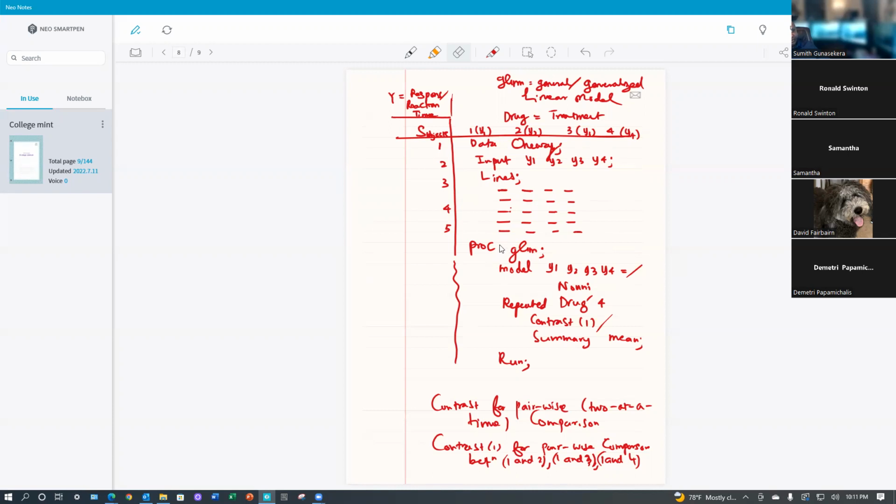If it is considered to be a CRD, completely randomized design, I'm going to consider this one separately. If it is a univariate repeated measures, I'm going to consider this one separately, these blocks. But when it comes to the multivariate, I'm going to consider this whole thing at the same time. In the multivariate case, looking at the assumption, this all will be coming from a multivariate normal distribution.